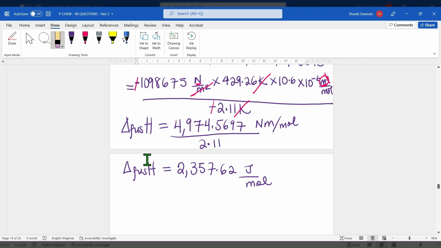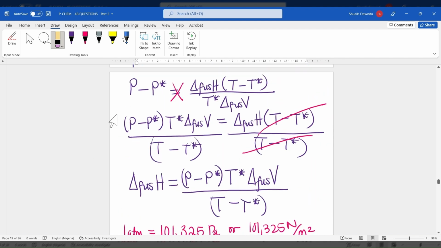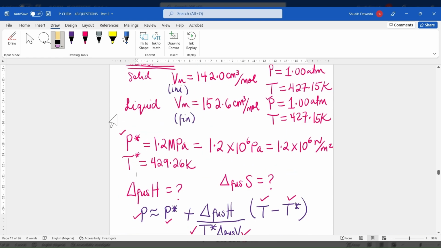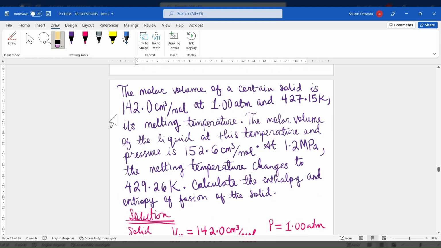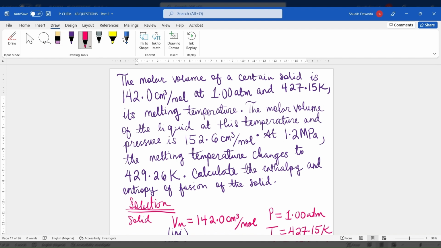But as chemists, we have to make sure we put our work in the proper number of sig figs and not necessarily the raw answer. So to do that, we have to go back to the question and see the lowest number of significant figures. We see that the values we have are 4 sig figs here, 3 sig figs here, 5 sig figs here, 4 sig figs here, 2 sig figs here, and 5 sig figs here.